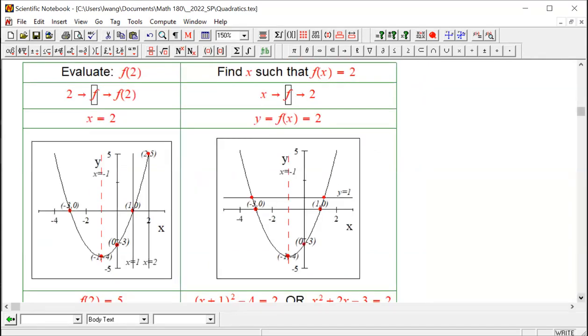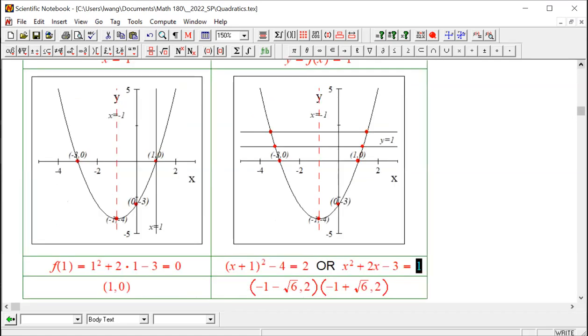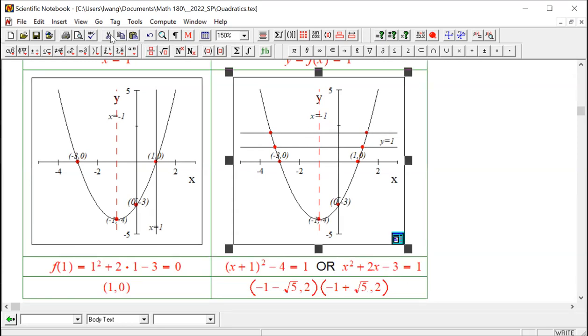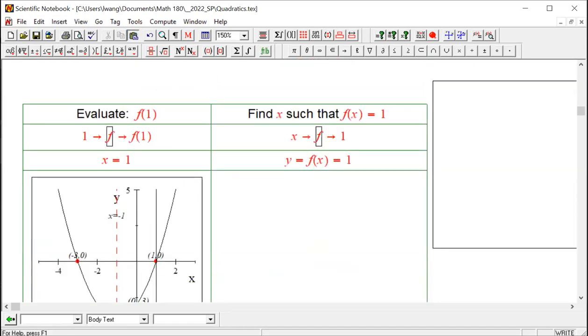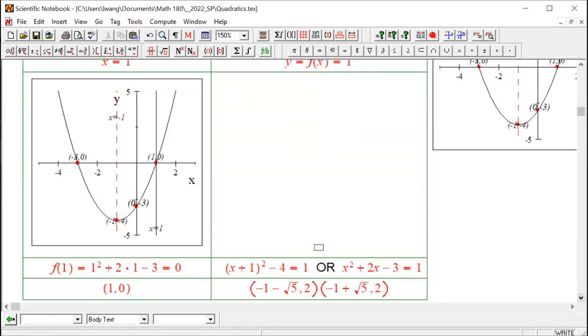Yes, I marked them in the wrong place. No problem, no problem. So this is 5. I'm going to keep that. I just changed the picture, right? I just put this picture under, right?